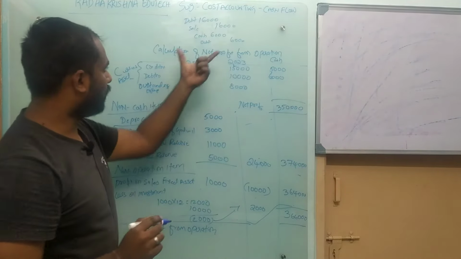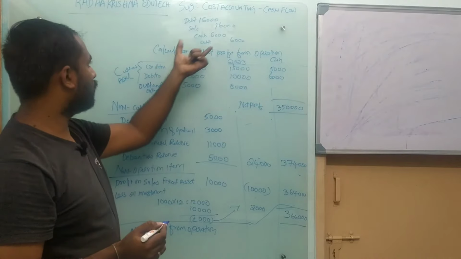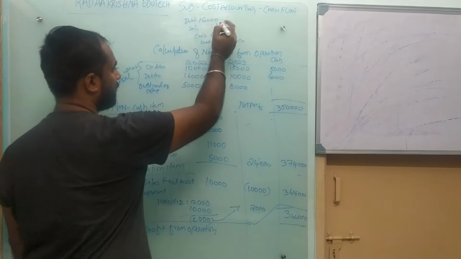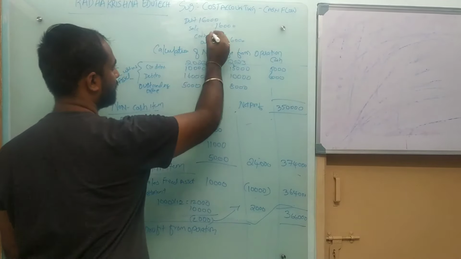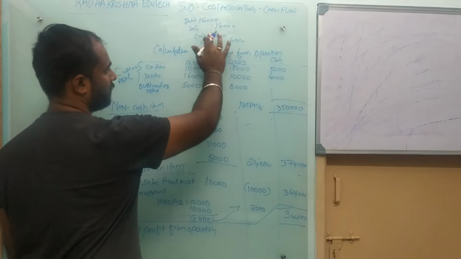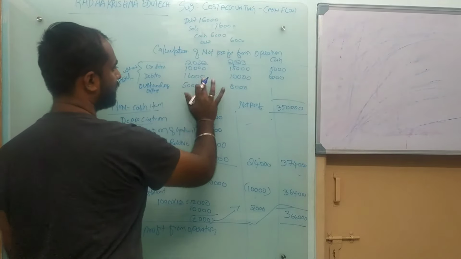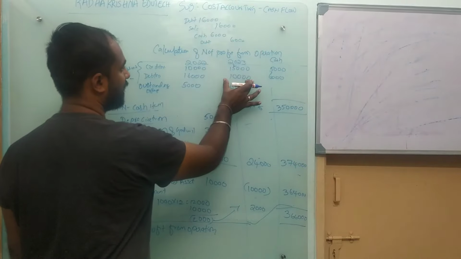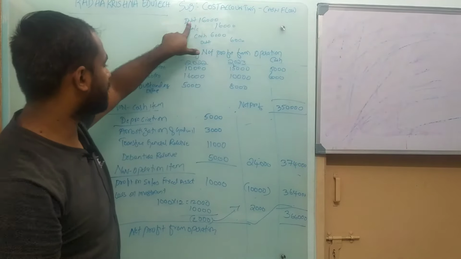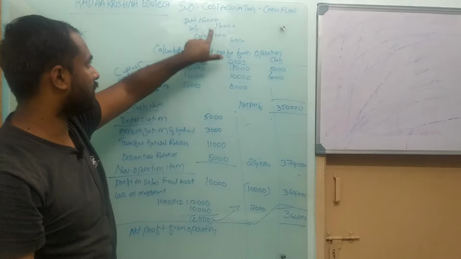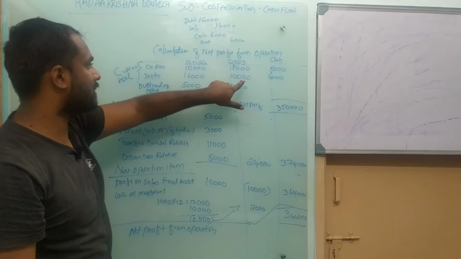Now this debtor, whoever I sold it to, he is paying me 6,000 rupees. So 6,000 cash is coming and this debtor is getting reduced by 6,000. So your balance is only 10,000. So this debtor's 16,000 opening balance, he has paid me 6,000. So his balance in my account is 10,000.